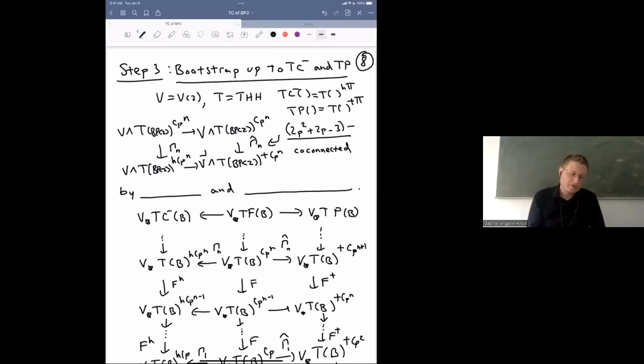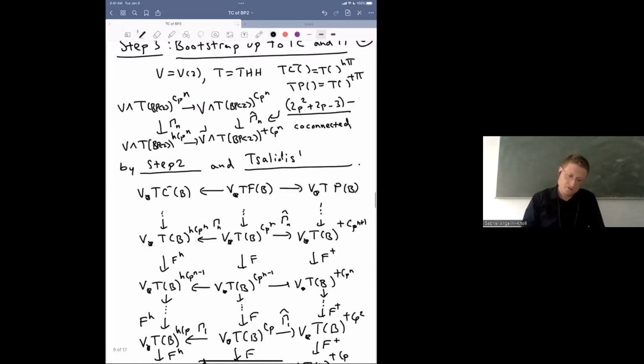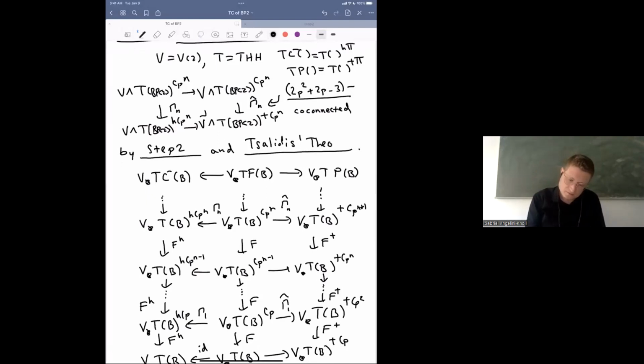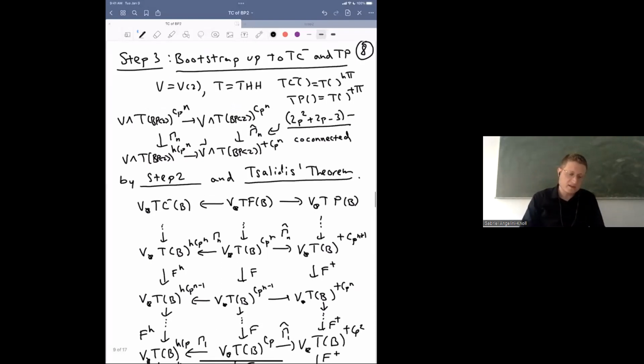That follows from step 2, together with Segal's theorem, or really a version that's due to Bökstedt, Brun, Rognes, and Lunøe-Nielsen.